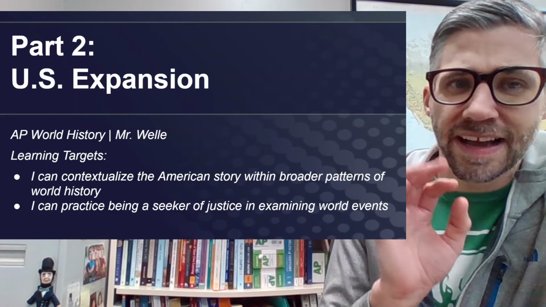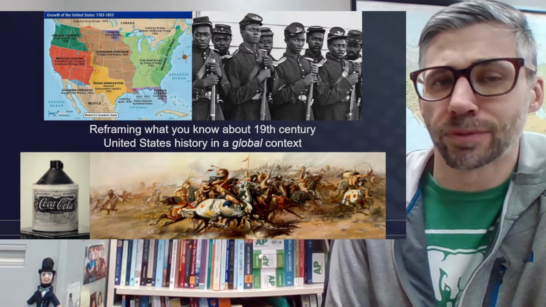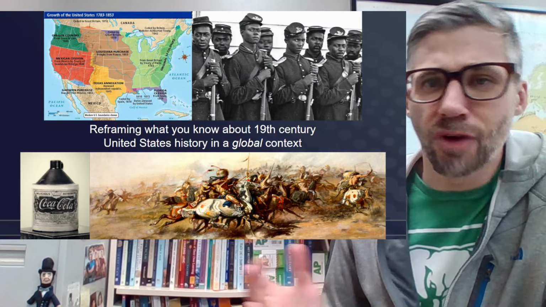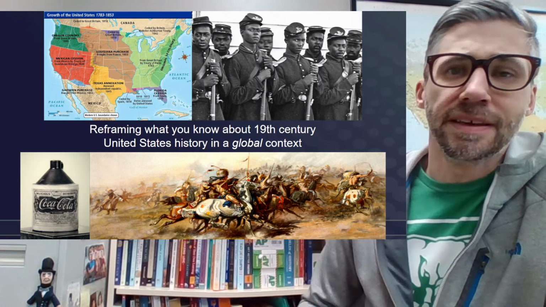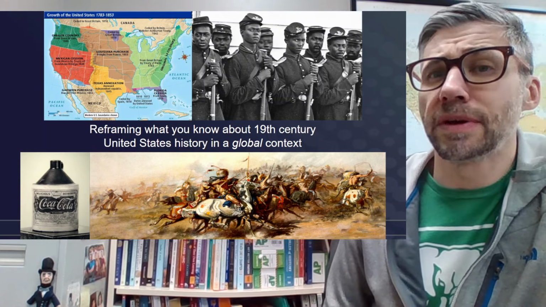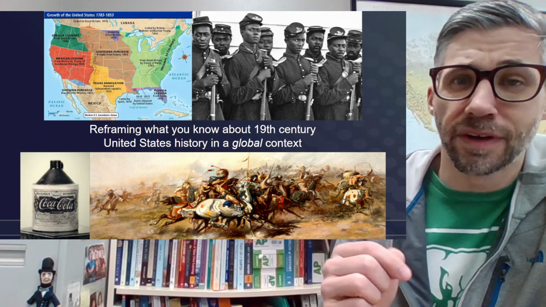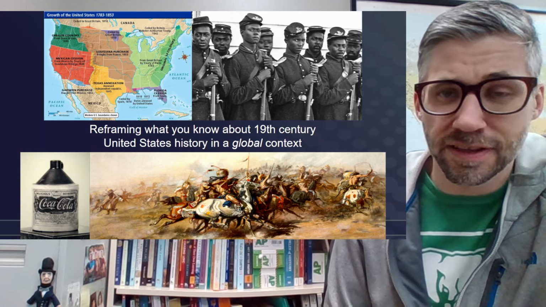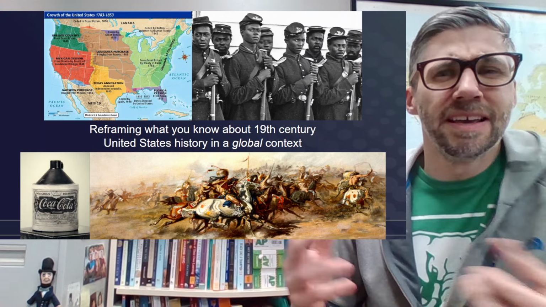So the target: I can contextualize the American story within the broader patterns of world history. Some of these bits and moments of the American story are geographic expansion and the Civil War. You even see the pointedly chosen image of African American soldiers during the Civil War, and how does that fit in globally?